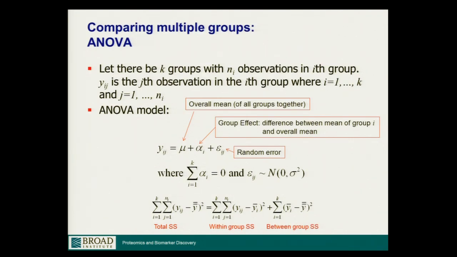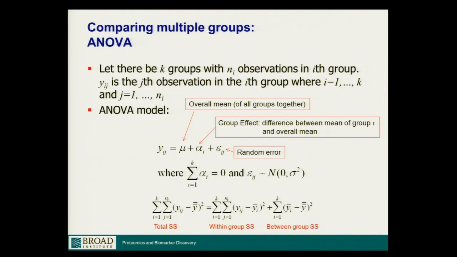So for comparing multiple groups, we use this ANOVA method where you try to characterize the overall mean of all the groups. So you put all the groups together and calculate the mean. And then you take your specific groups, so your control, your transgenic A and transgenic B, or your baseline, 10-minute, 50-minute, 2-hour time points. So there are now 3 or 4 groups. So the overall mean is put all the groups together, calculate the mean.